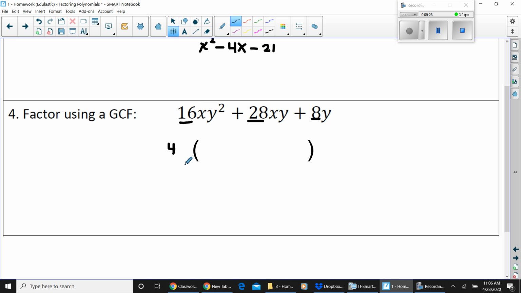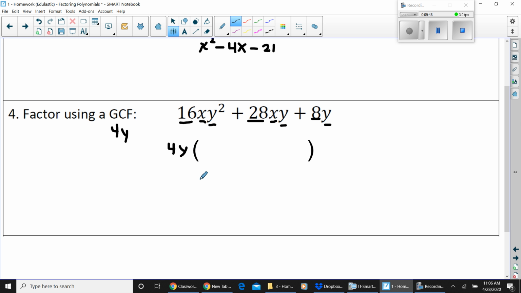So that is the greatest common factor. Now, do all of them have an x? Nope, can't pull it out. Do all of them have a y? Yes, yes, yes. So that can be pulled out. So the greatest common factor of these three terms is 4y.